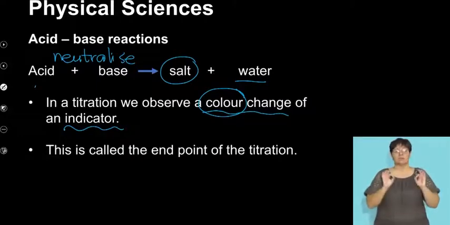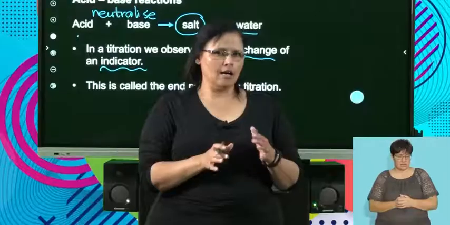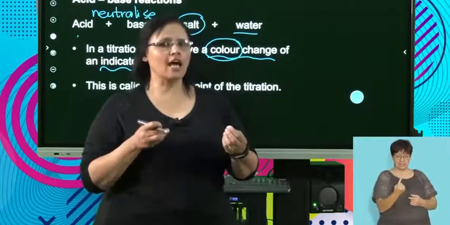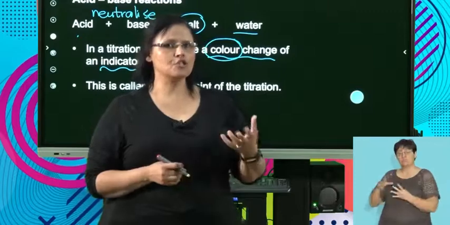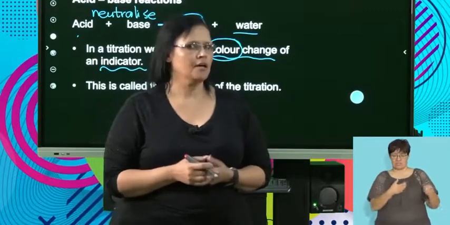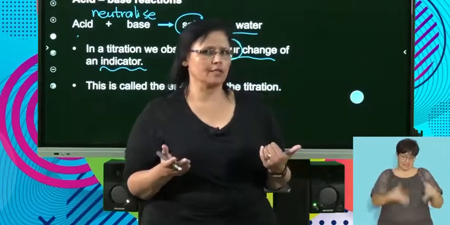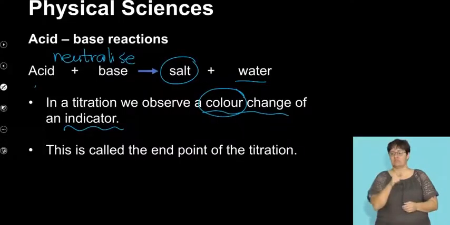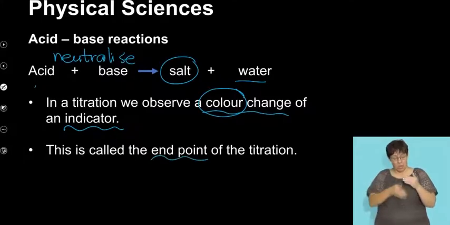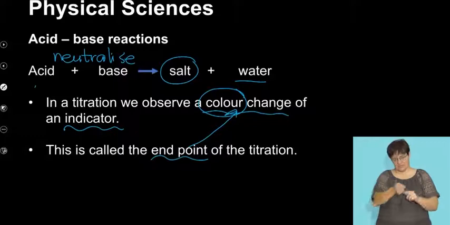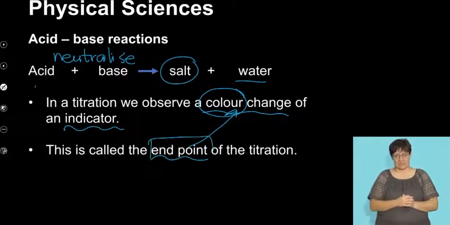Now, we will talk about correct indicators soon, but for now, you just need to know that for every reaction that you have, you must choose the correct indicator, else you will not really know if the endpoint is the correct point. So where that indicator will now have a color change, at that point we know it is the endpoint of our titration.